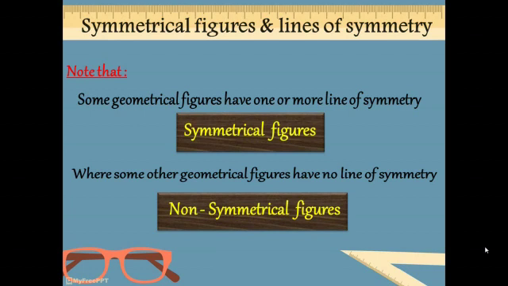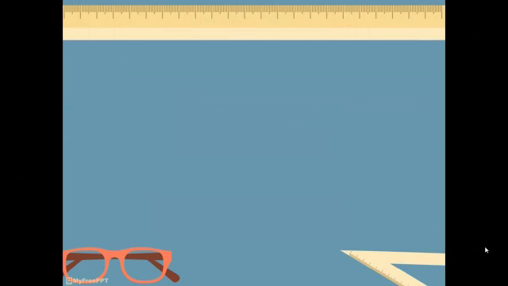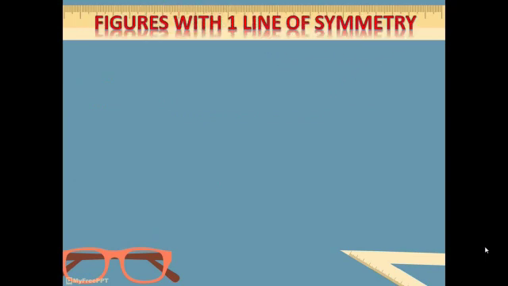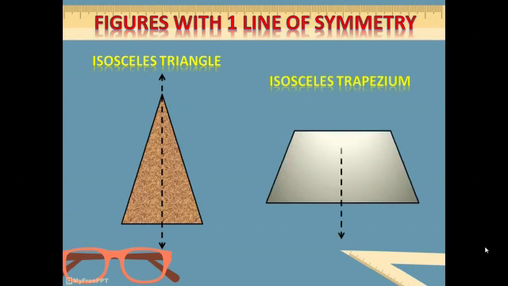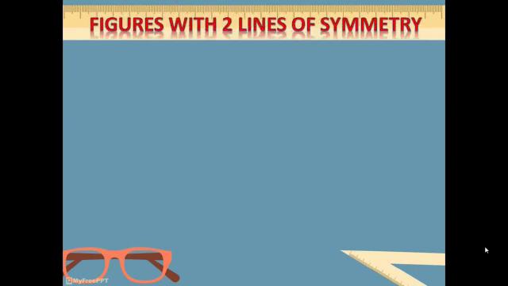Now let's see the number of lines for some geometrical figures. Figures with one line of symmetry. Isosceles triangle has one vertical line of symmetry, and isosceles trapezium also has one line of symmetry. Figures with two lines of symmetry.